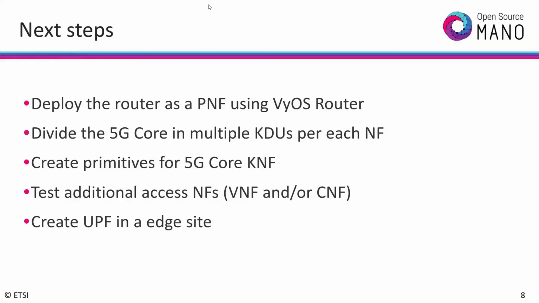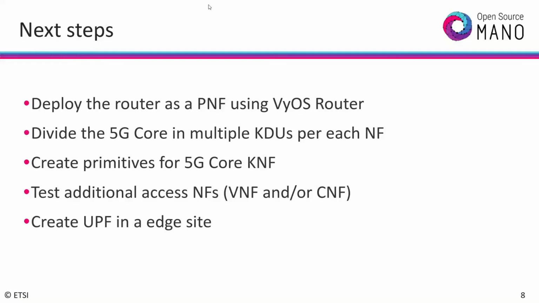Yes, I mean, we know that these kinds of tests are necessary because we need to test the 5G core in a real scenario with multiple users and multiple gNBs.